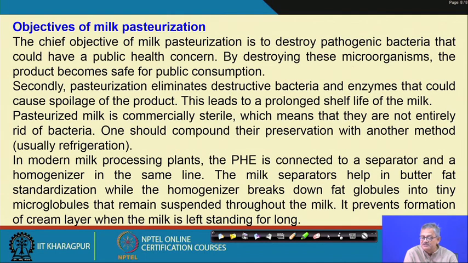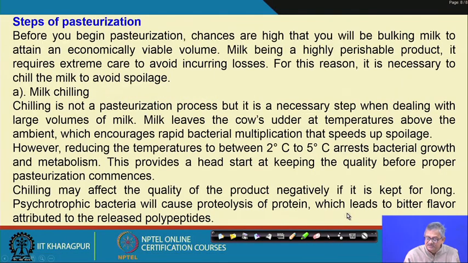The milk separators help in butter fat standardization, while the homogenizer breaks down fat globules into tiny ones that remain suspended throughout the milk. It prevents formation of a cream layer when the milk is left standing for a long time. This we have said many times, so that is why I just went through rapidly.